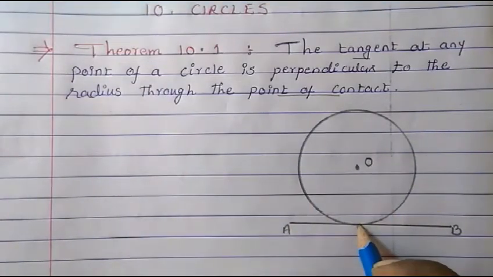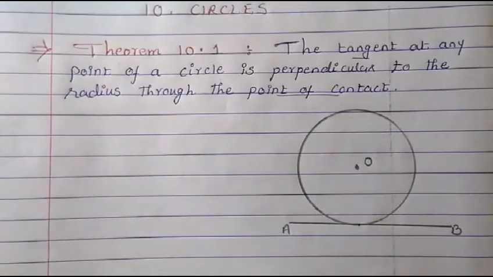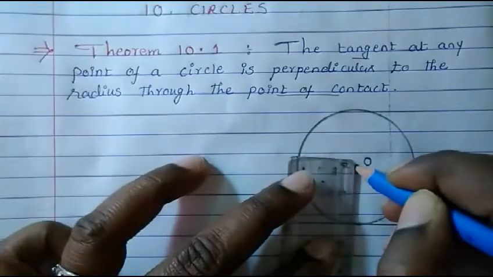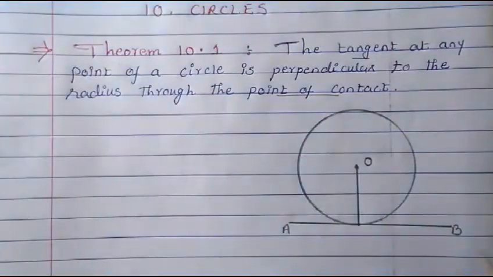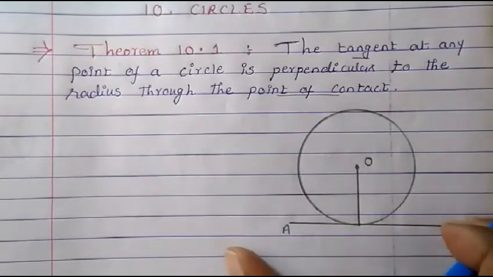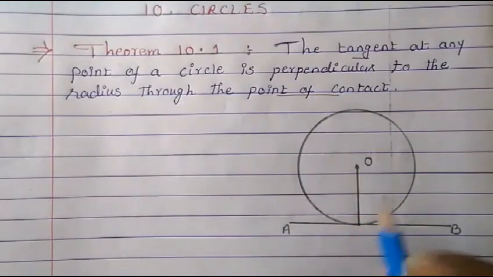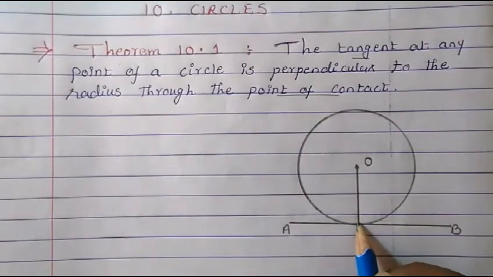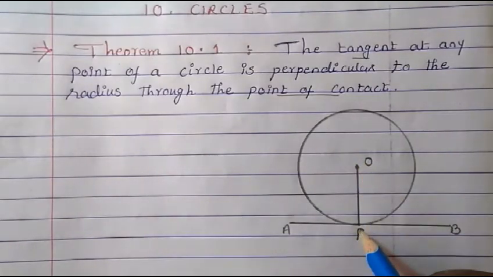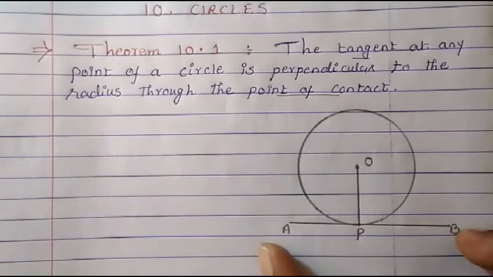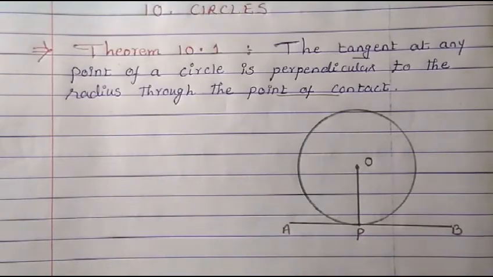This is the point of contact, so from here let's draw a radius. Let's name the point of contact P. We have to prove that OP is perpendicular to AB.